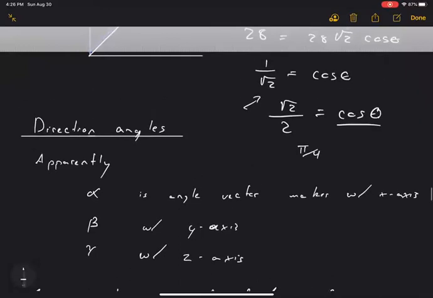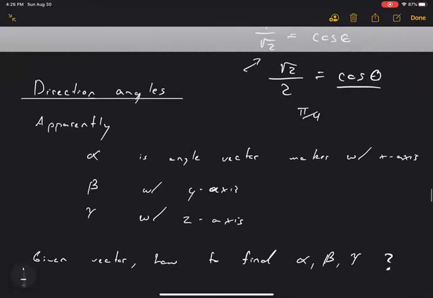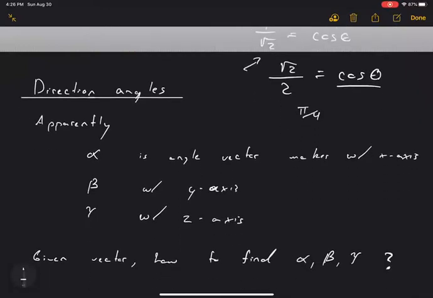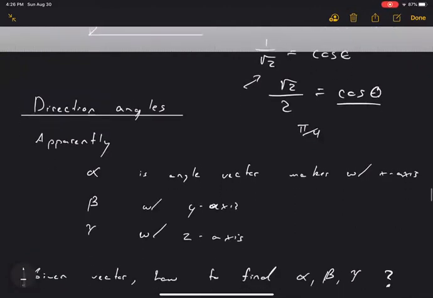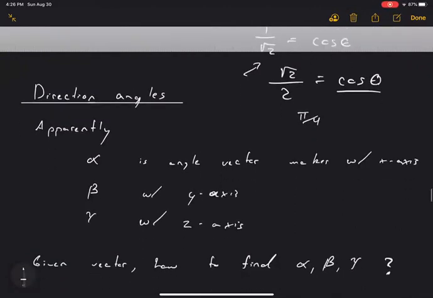You definitely might need it for real world applications: angles are important, locations of objects, things like that. So what are these angles?